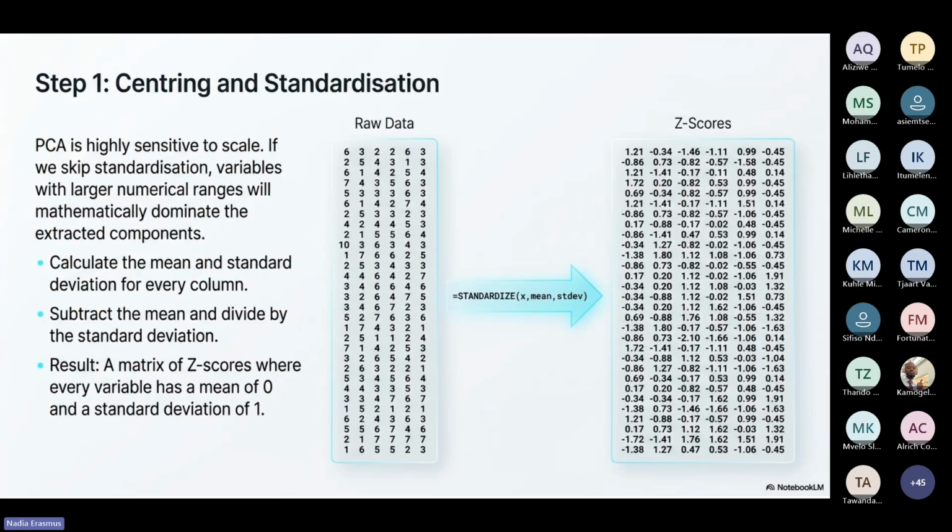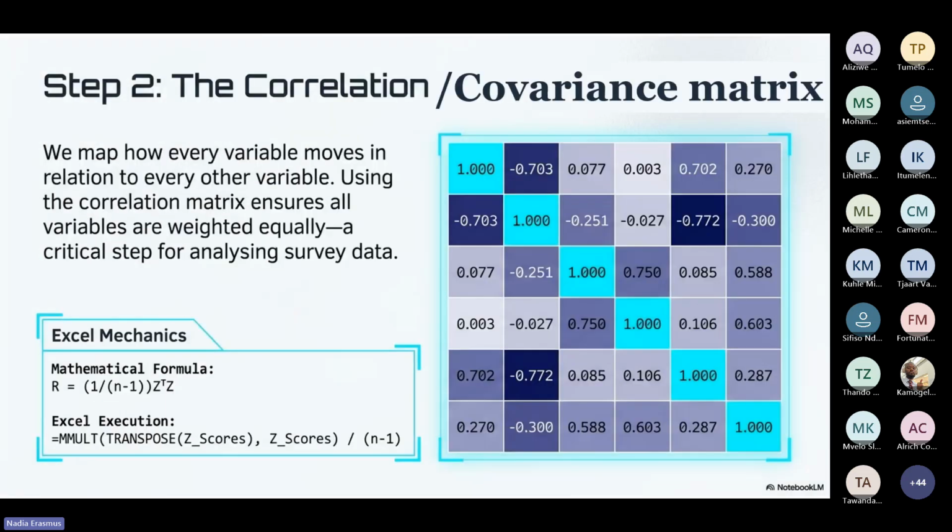Okay, so this is basically what we're going to do. We have raw data, we're going to standardize it, and I'm going to show you all of that on Excel as well. So we're going to standardize it.